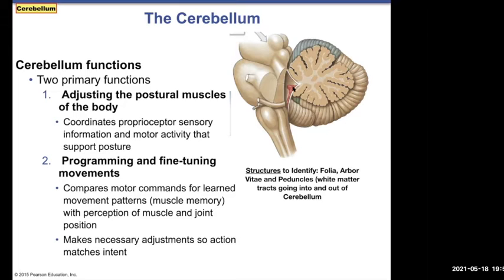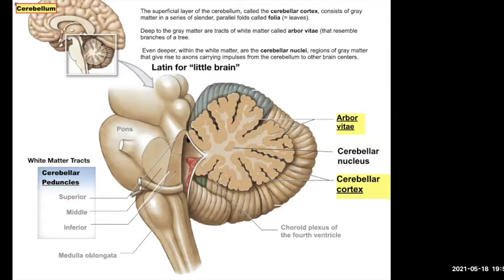And it's going to fine adjust on stuff like that, right? So this is both programming and fine-tuning movements as you do complex activities. So when you learn to ride a bike, your cerebellum helps you learn it, to make it easier next time. So you do all these sort of unconscious fine tunings as you do the action right there, right?